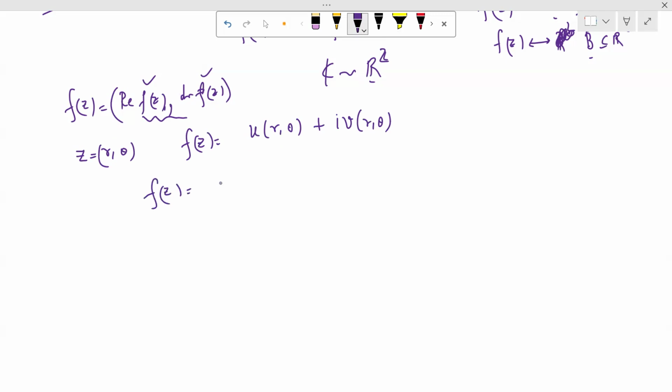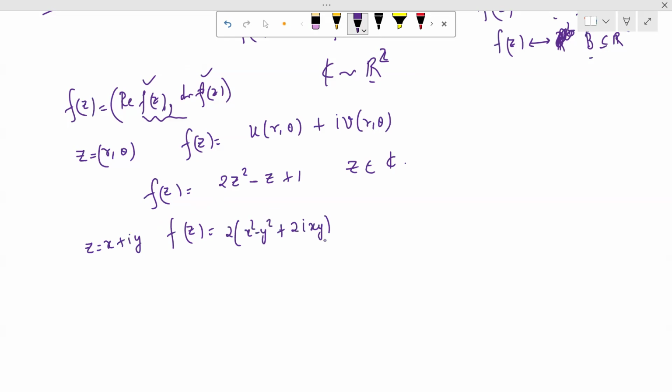So let us say I have the function f(z) equals 2z square minus z plus 1, where z belongs to the complex numbers. So how would you write f(z)? You already know that z is equal to x plus iota y. So clearly, if I want to express f(z) as an ordered pair of two real functions, I will write 2 times (x square minus y square plus 2 iota xy), which you know, minus (x plus iota y) plus 1. Z is x plus iota y, and z square is this, as you know already from the basic classes I've already taken.